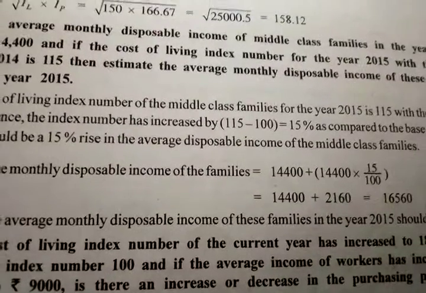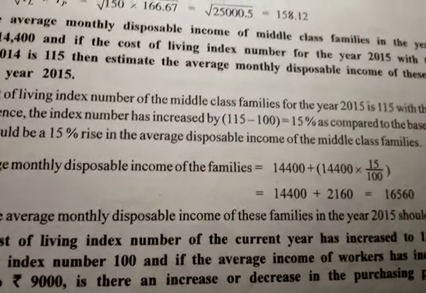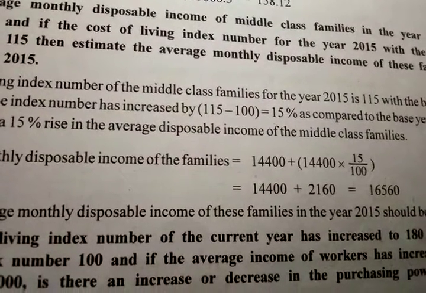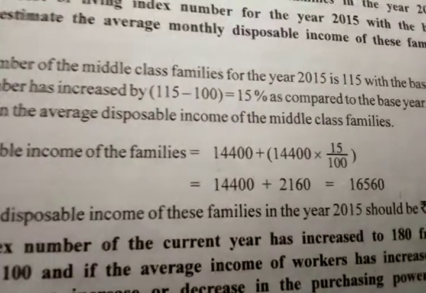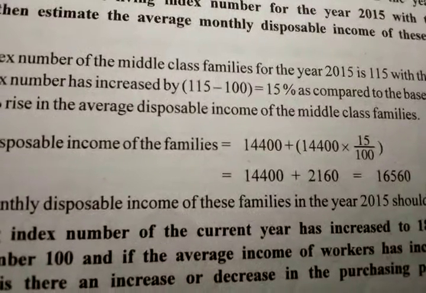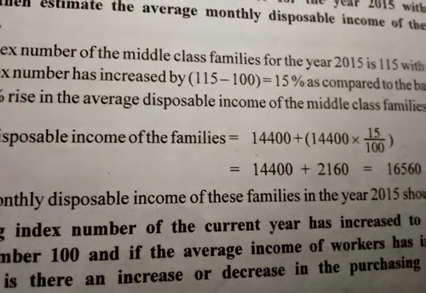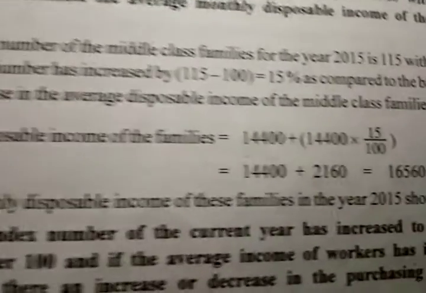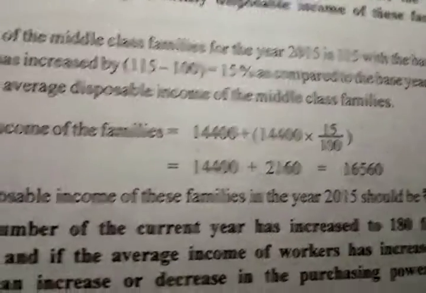So 14,400 is the base year income plus 14,400 into 15 by 100, that is equal to 2,160. So 16,560 rupees if they get as income, they are in the same position to spend it on things to have the same standard of living. So the monthly disposable income of these families is 16,560 in the year 2015.